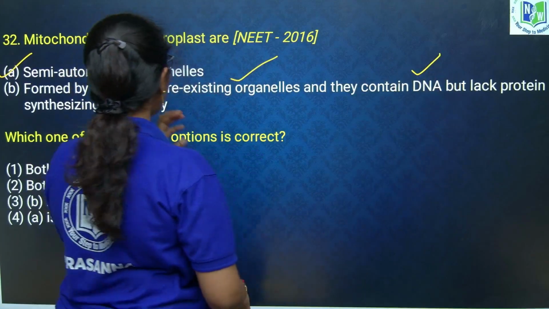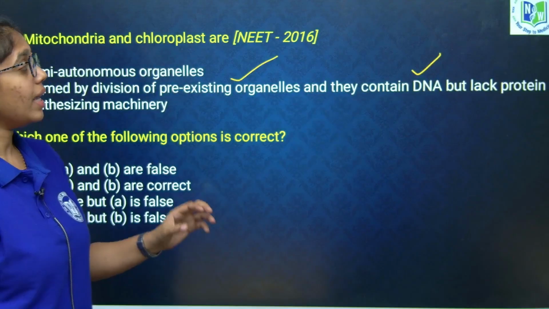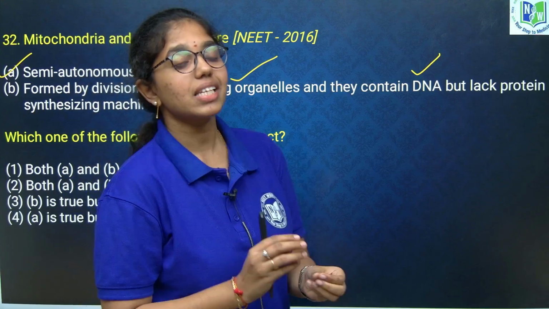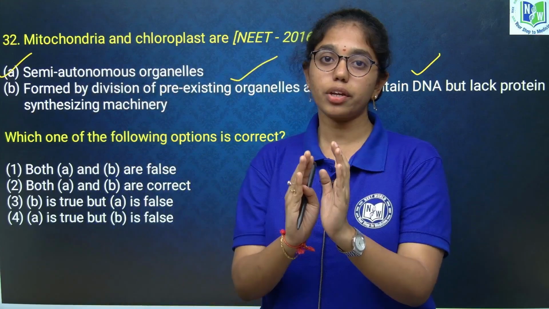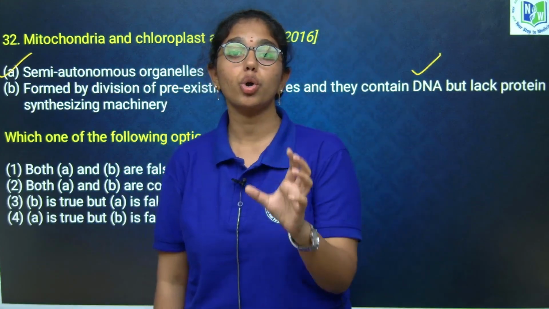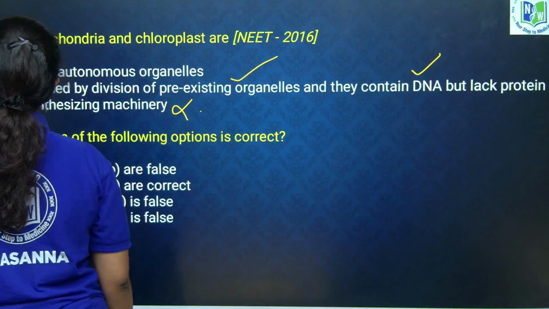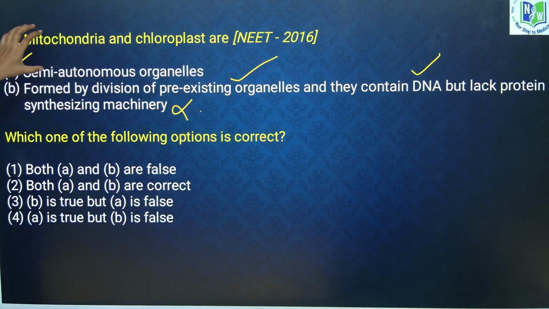No, they do have protein synthesizing machinery, and rubisco, the world's most abundant protein, is synthesized by the double-stranded circular DNA which is present in the stroma of chloroplast. So, B is wrong. Then what will be our answer? Mitochondria and chloroplast, statement A is true and B is false.